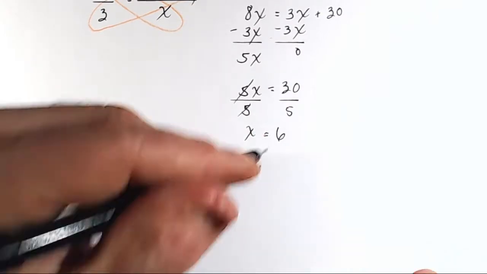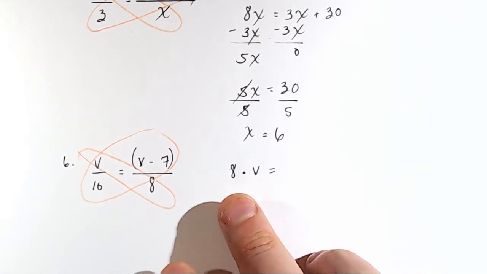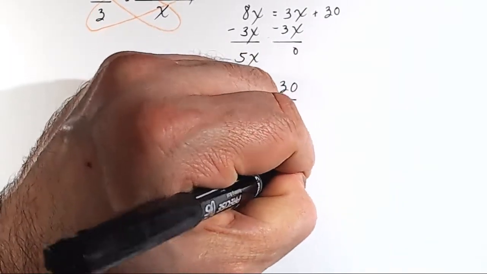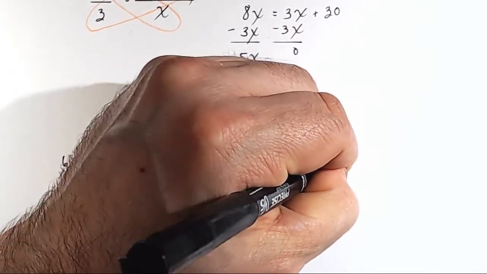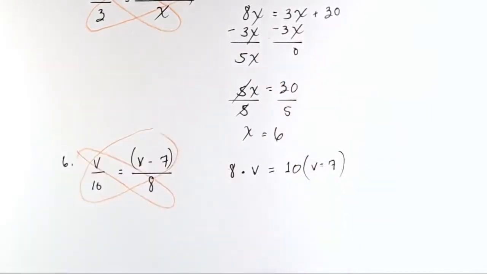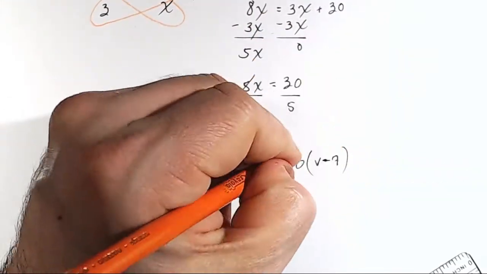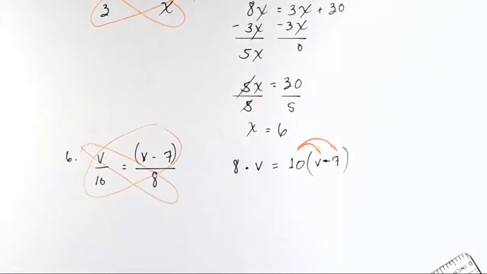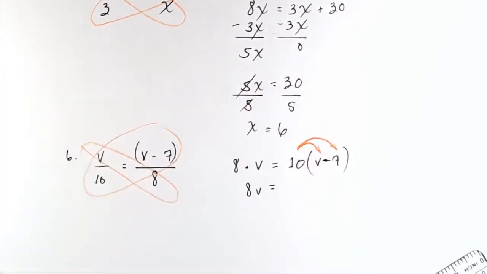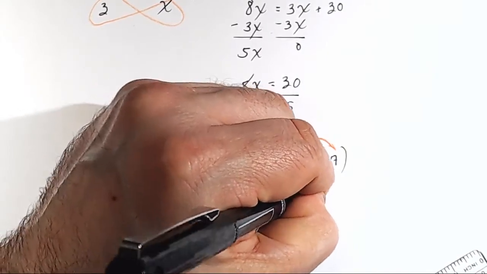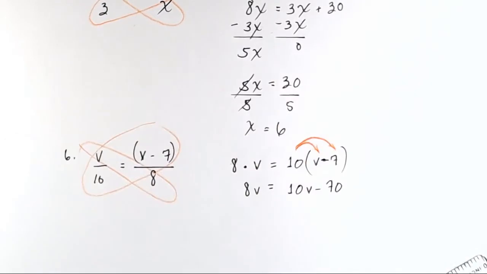You don't have to, but it's going to come up always with the number in front. And now 10, open parenthesis, V minus 7, close parenthesis, right? Want to make sure that's clear. Distribute the 10. 8 times V is 8V equals 10 times V is 10V. 10 times negative 7 is negative 70.